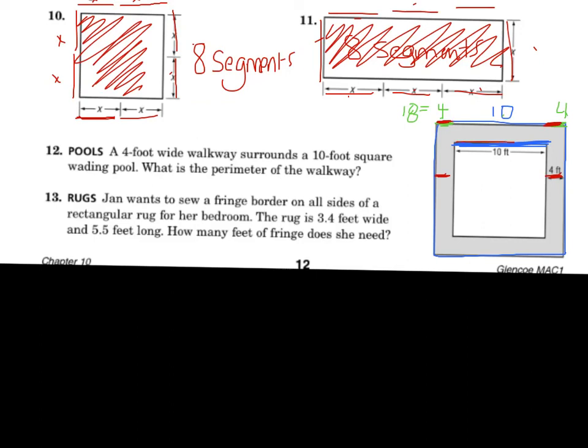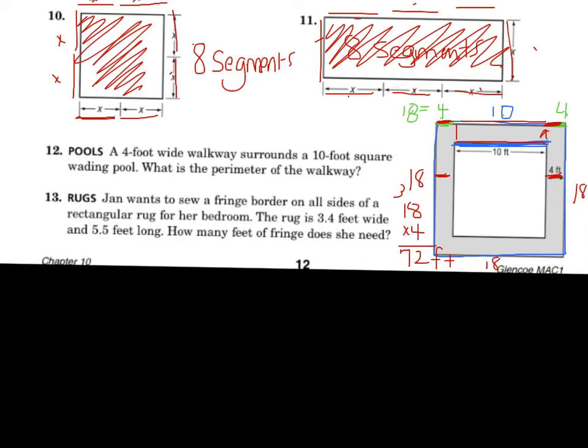And then this is 10 feet, so directly above it, that's 10 feet. So each side is 18 feet long. So how are you going to find the perimeter? 18 times 4. And that gives you 72 feet.